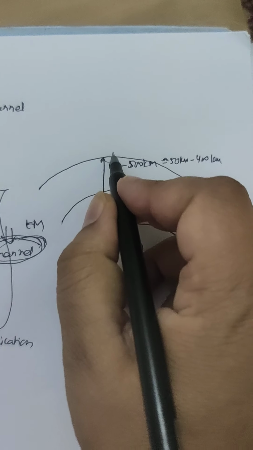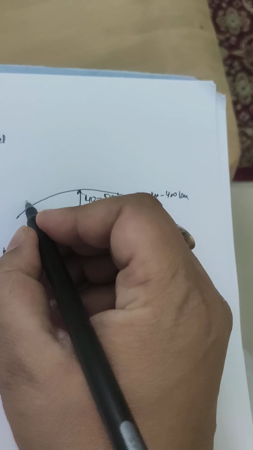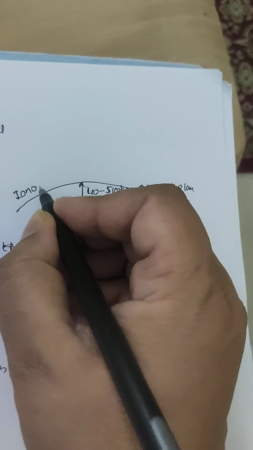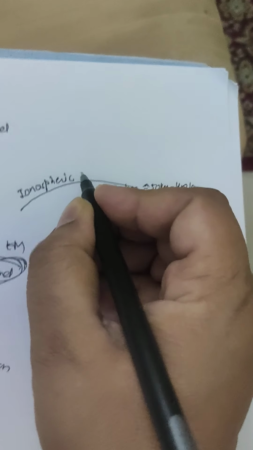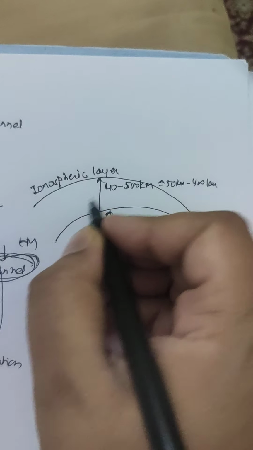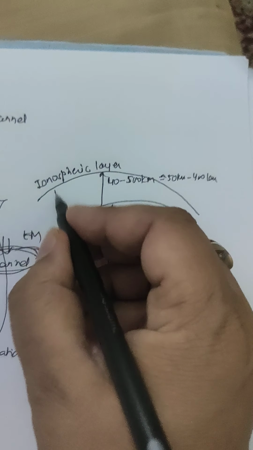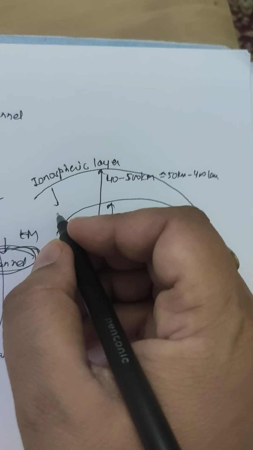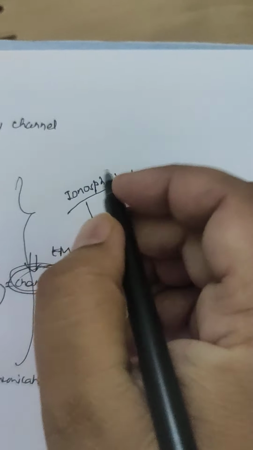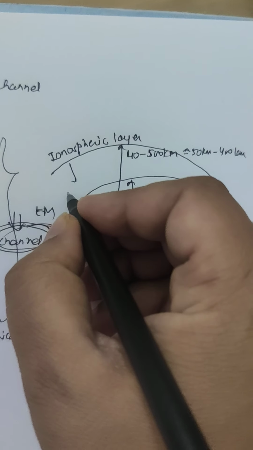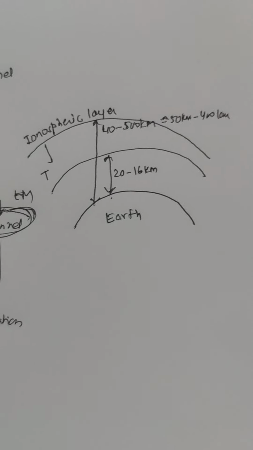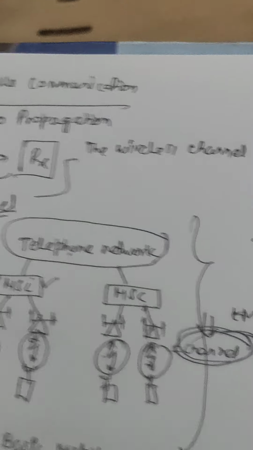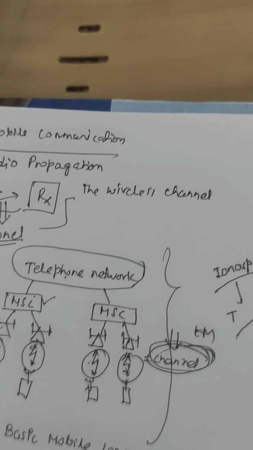This upper layer is known as the ionospheric layer, and the second layer is known as the tropospheric layer.